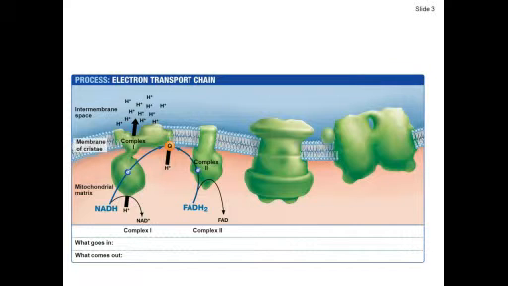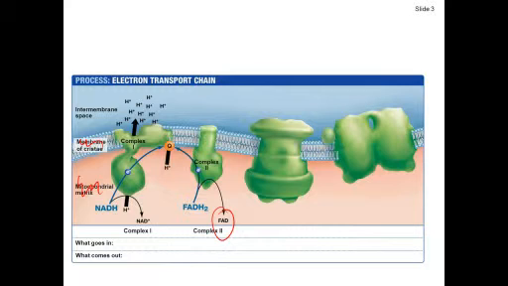Now you have your next electron carrier, FADH2. FADH2 transfers its electrons to complex 2. When FADH2 gives up its electrons, it's oxidized to FAD.